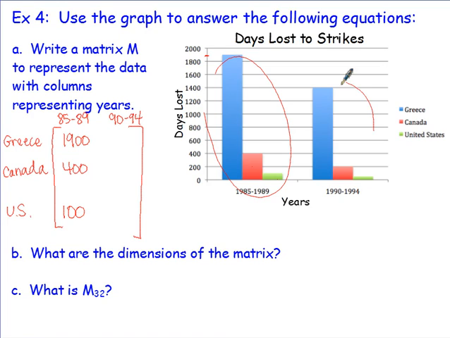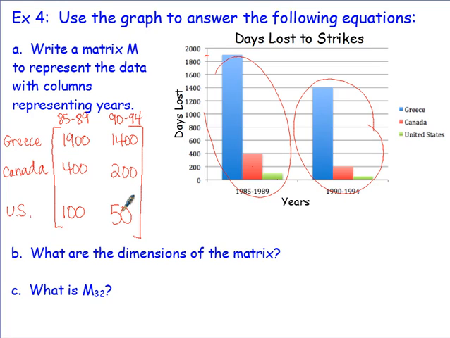Let's now go over to this group of bars. Greece is at 1400. Canada is at 200. The US, this bar is even lower than the old bar. So I'm going to say if the old bar was 100, I'm going to say that bar is 50. And yes, if you have to approximate, perfectly fine.